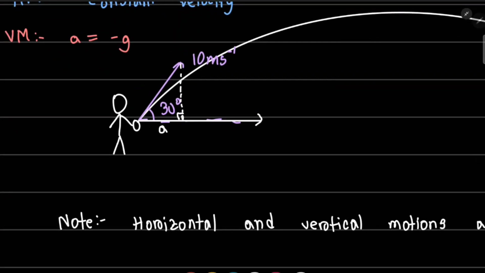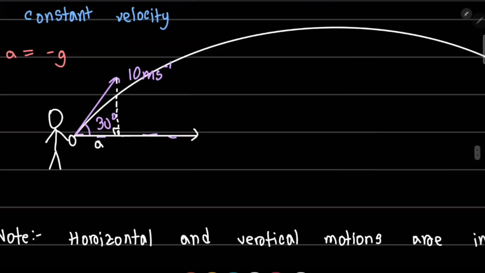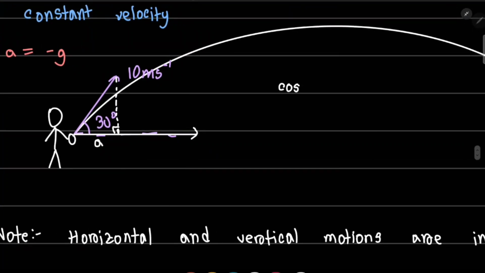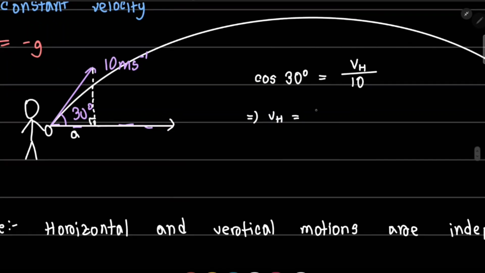It's the adjacent to 30 degrees, whereas 10 is the hypotenuse. So cos 30 degrees would be equal to the adjacent, which is the horizontal velocity, I'll denote it as VH, divided by 10, which is the total. So the horizontal component of the initial velocity is 10 cos 30.